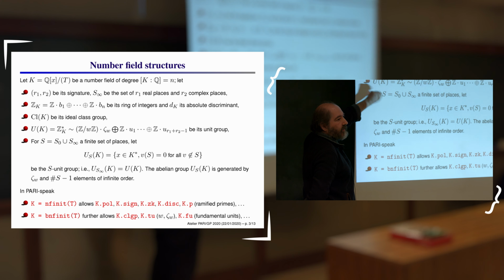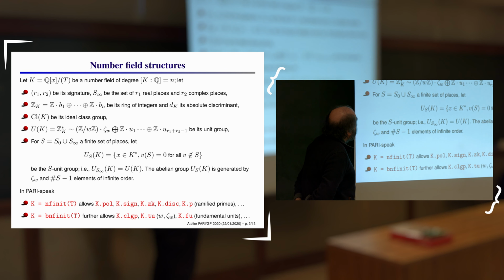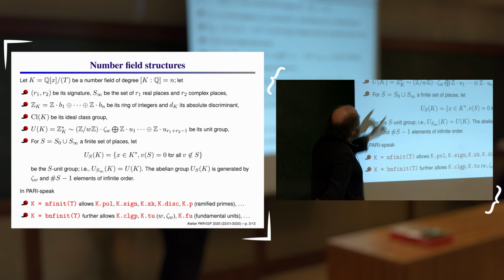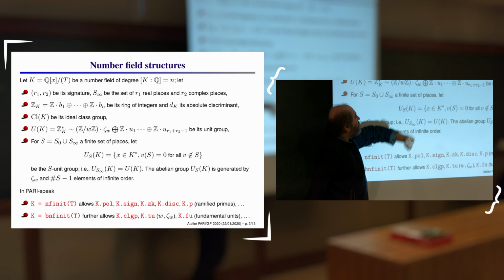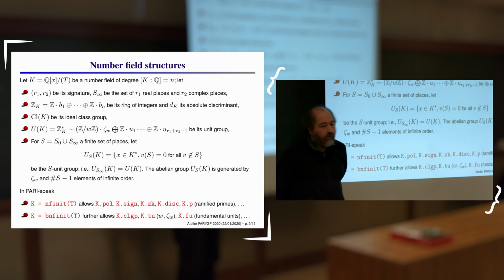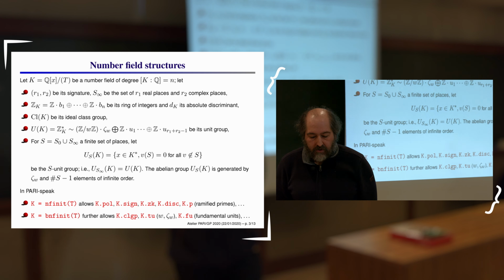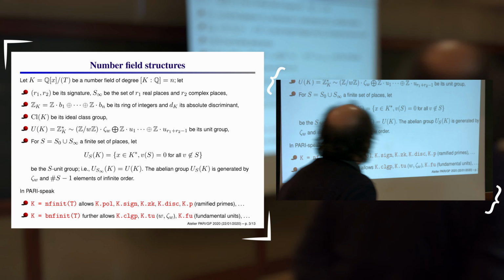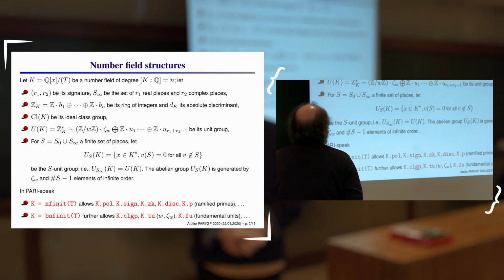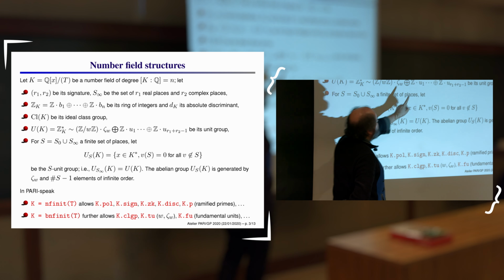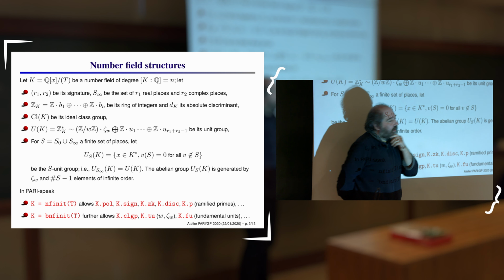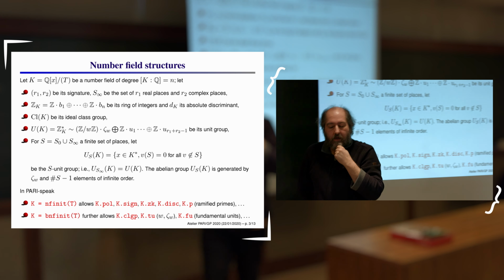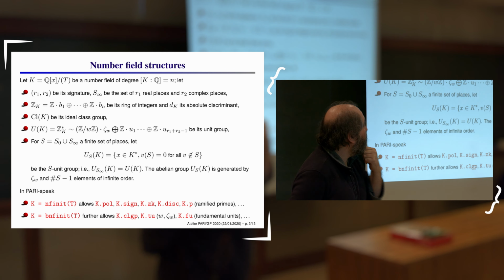Now this is something that we want to talk about. This unit group has a cyclic torsion part. So W is the number of roots of unity, Wurzel, I guess. And then it has exactly R1 plus R2 minus 1 independent generators of infinite order.